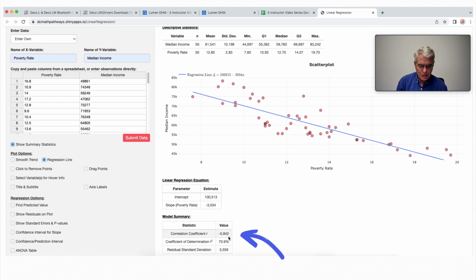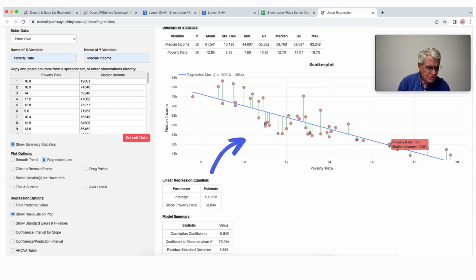The correlation coefficient is the same regardless of what's in what position. And we can lay in the residuals on this plot. And you can see some of these folks very close to the predicted value.